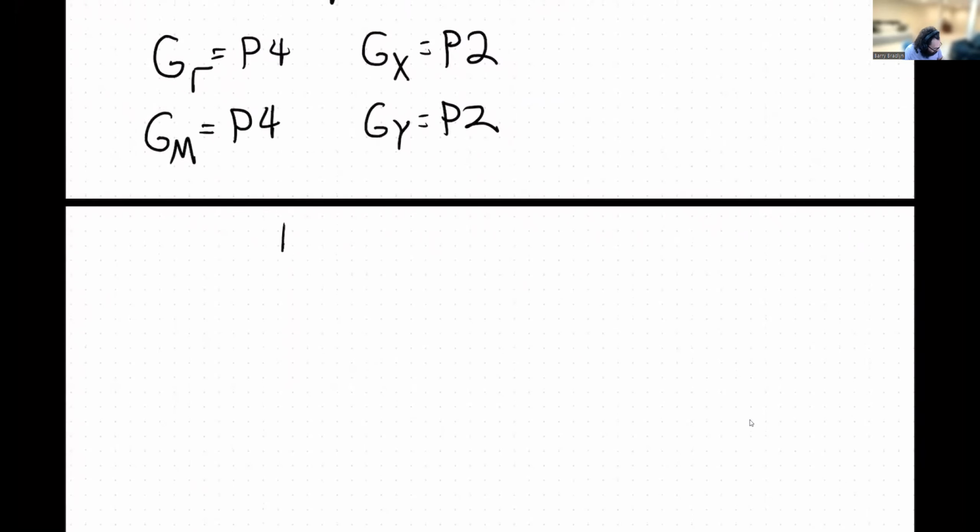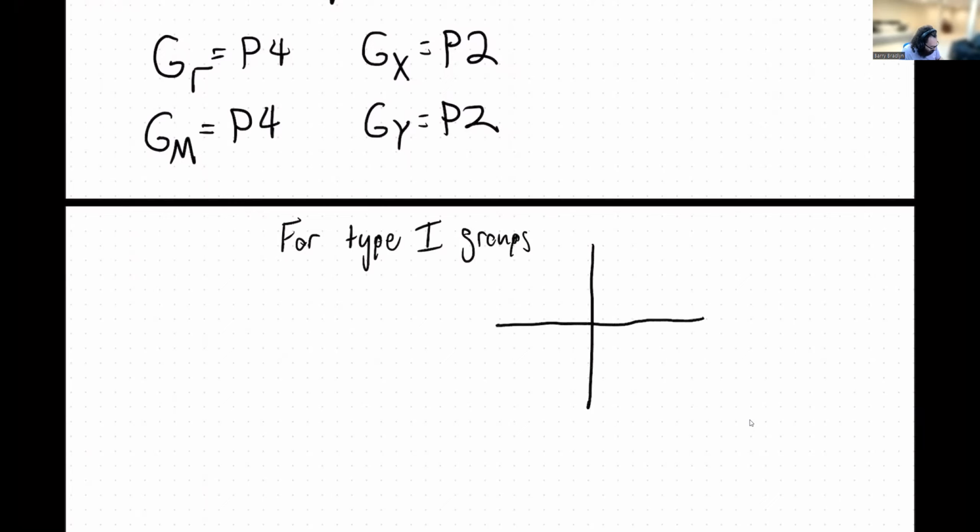And so what this means for type 1 groups is if we plot out a band structure, it's a function of momentum and energy, we'll have some bands. Let's draw them like this. They'll do what they do.